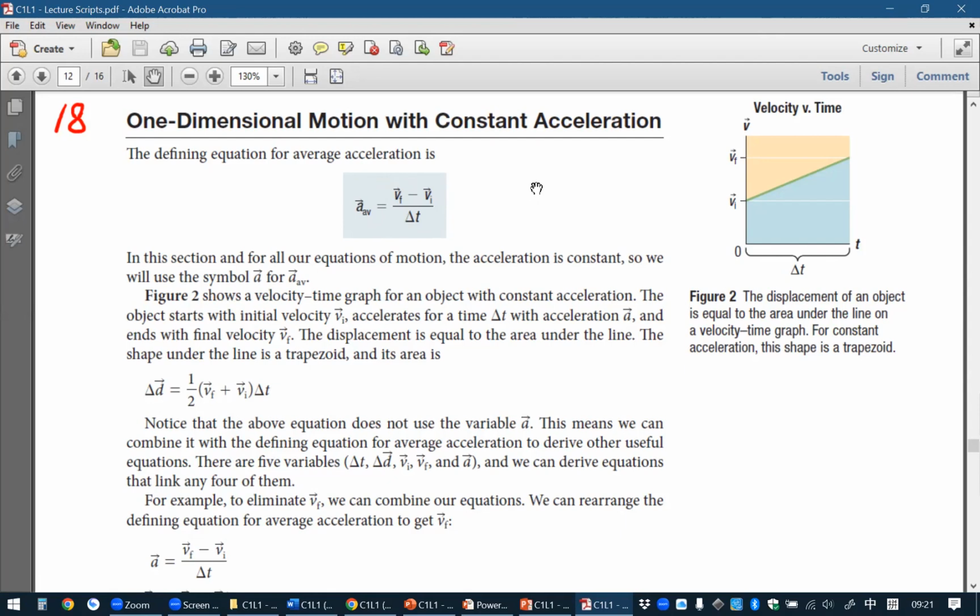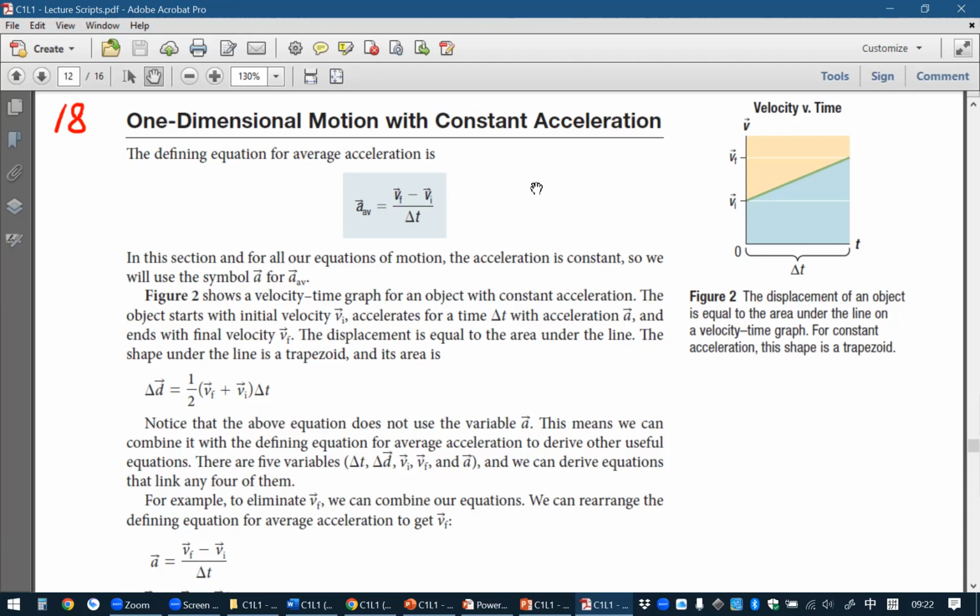So first of all, when solving a problem, you should specify your positive direction, and then any vector could be positive or negative. A positive vector means the direction is the same as your specified positive direction. Otherwise, if your variable is negative, that means the direction is opposite to the positive direction you defined.